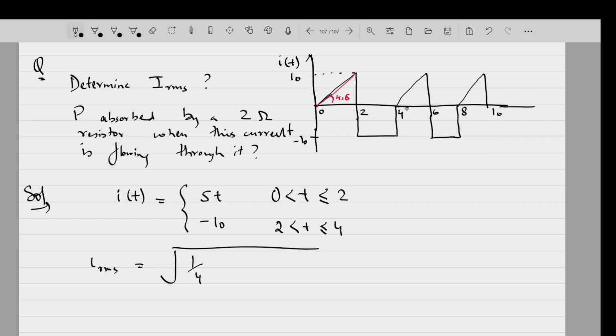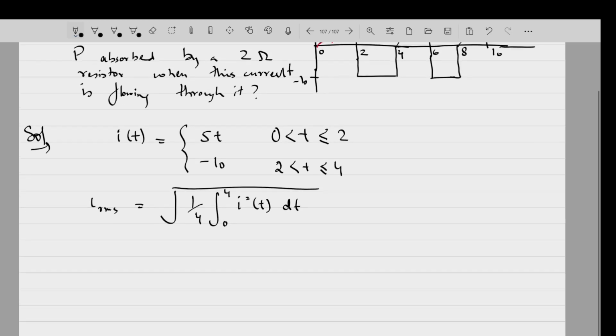We are finding it over one cycle, integrating from 0 to 4 seconds the square of the function. So you are squaring it, finding the mean value by integration, and then finding its root mean square.